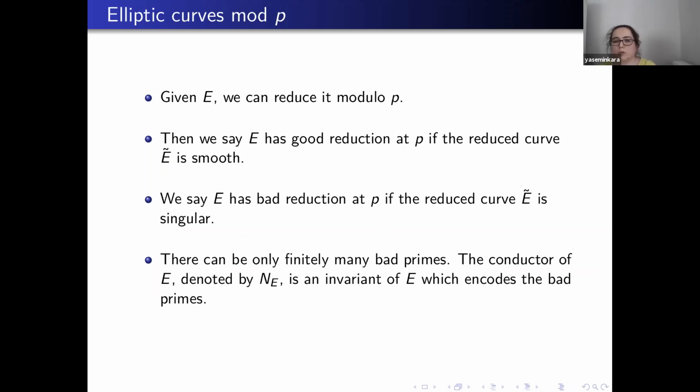The conductor of the elliptic curve, which is an invariant of the curve, encodes these bad primes. I didn't give the definition of the conductor, but I will use it over and over again. It's an invariant of the elliptic curve and it encodes the bad primes. Okay.